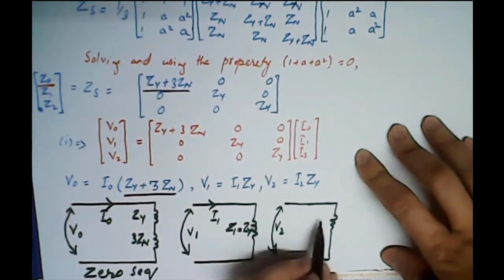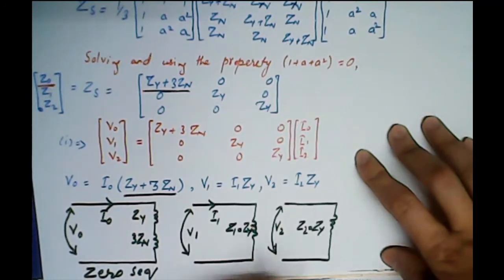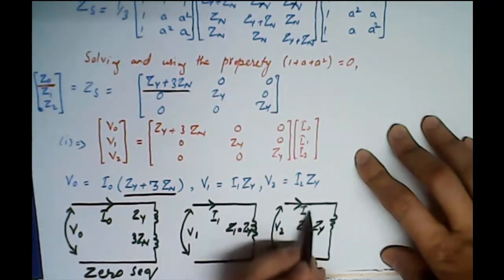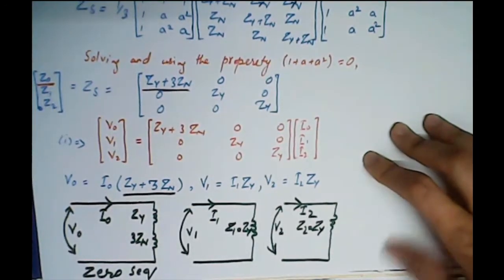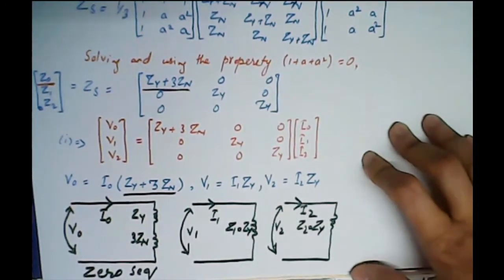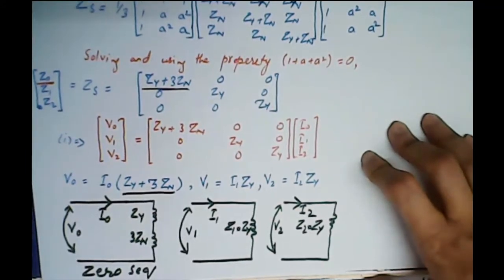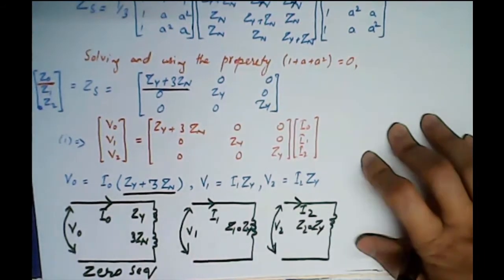V2 equals Zy times I2. Clear? So this was all for the impedance. So the impedance sequence network for a Y connected impedance is that we have 0 sequence flowing, we have positive sequence as well, and we have a negative sequence as well.